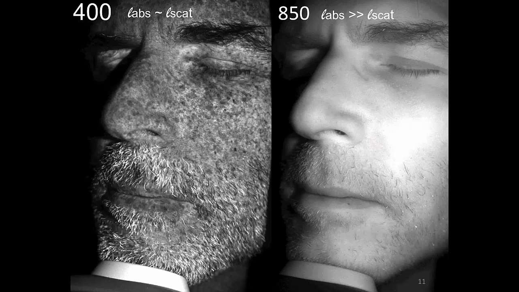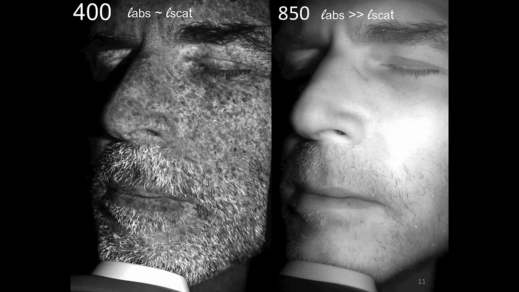So let's bring us back to the real world. This is just a picture of me illuminated with 400 nanometer light, where the absorption and scattering lengths are approximately equal. And you see a lot of contrast here. And here is, again, external illumination, 850 nanometer light. The absorption lengths are much, much greater than the scattering lengths.